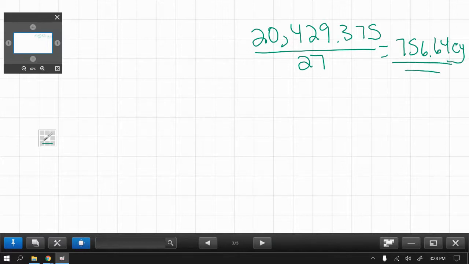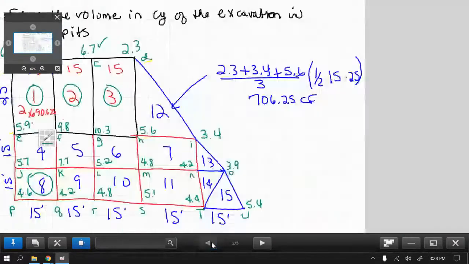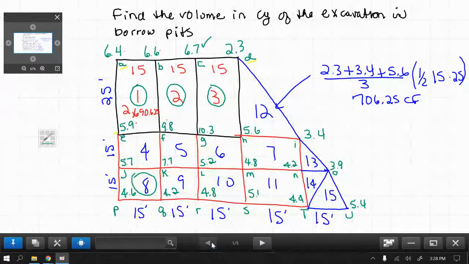So that's the answer I'm going to be looking for. So it's just a matter of setting up the chart. And looking for similar ones.